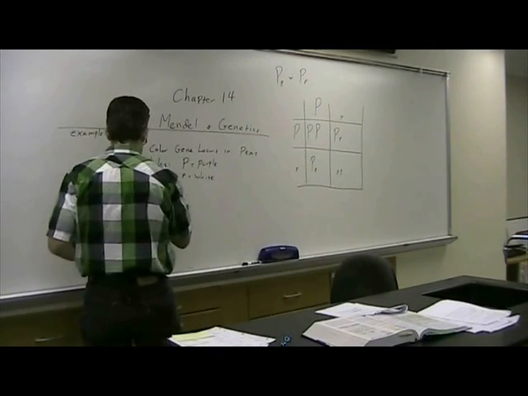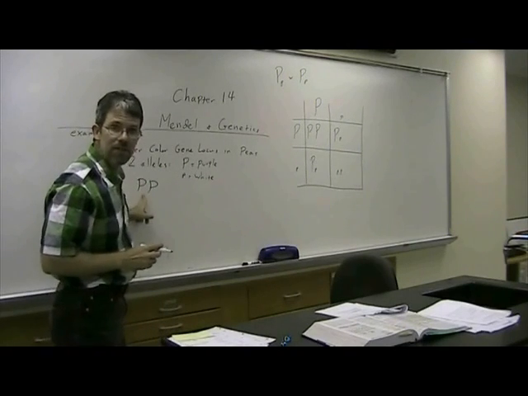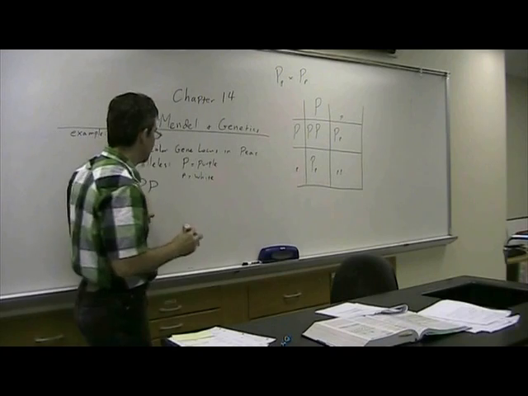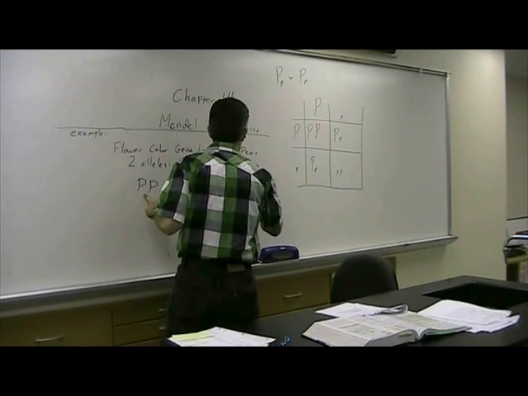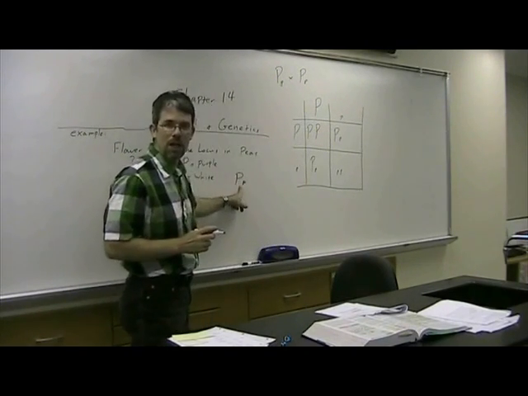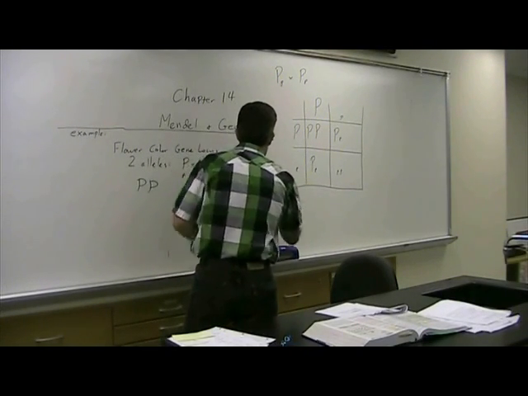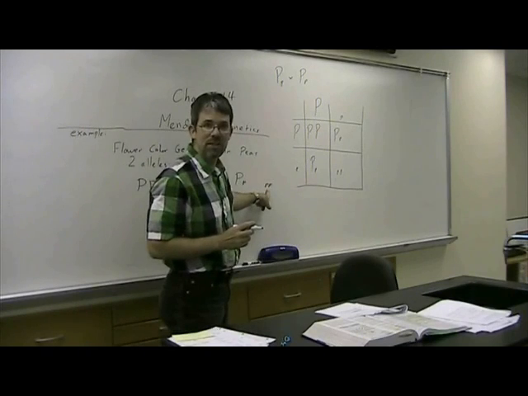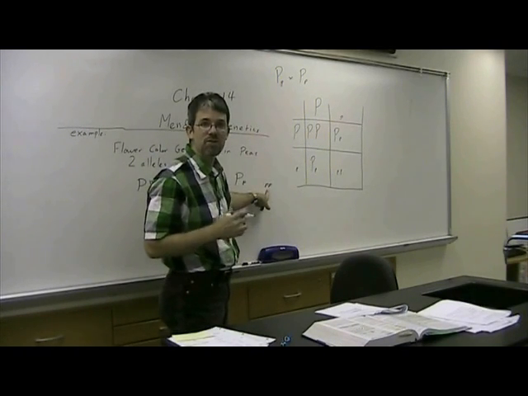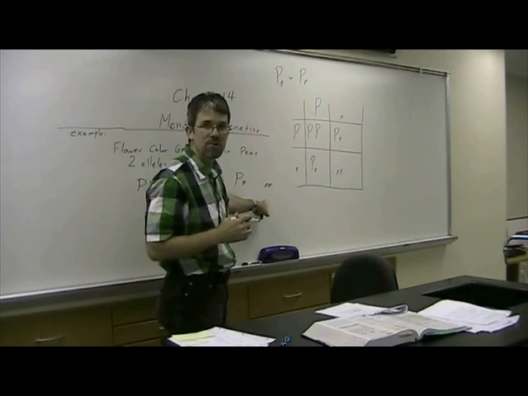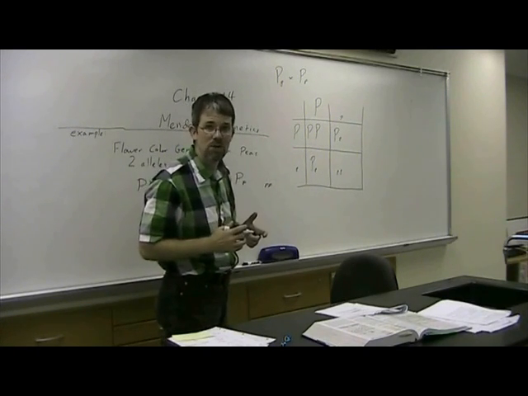So, if both alleles are the dominant allele, we call this homozygous dominant. If you've got one of each, we call it heterozygous. And if an organism has 2 recessive alleles, we call this homozygous recessive. So, homozygous dominant, heterozygous, homozygous recessive, those are genotypes.